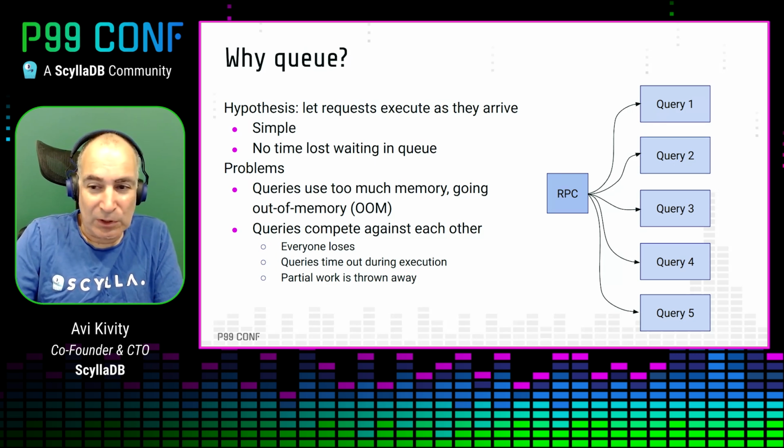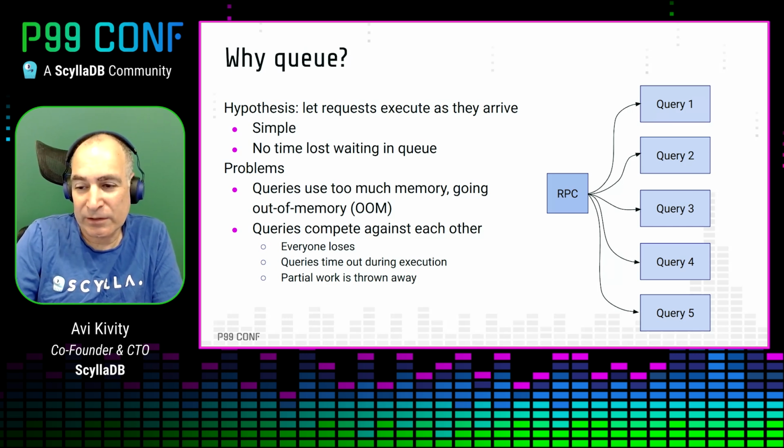And the other problem is that the queries are competing with each other. So if you have, let's say, every query would take 100 milliseconds on its own, and if those queries are time sharing or sharing the disk performance with each other, and you have 5 of them, then they will all take 500 milliseconds. So where one would have completed in 100 milliseconds, now we have to wait half a second.